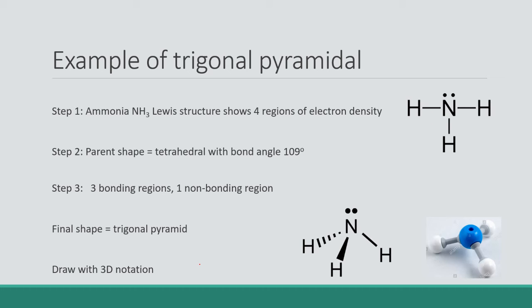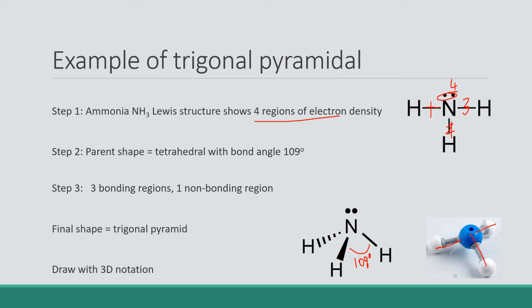Trigonal pyramid. So this is when there are 4 regions, 3 bonding, and this one is 1 lone pair. So this is ammonia. It's actually got 4 areas, but only 3 of them are bonding. So it looks like a little pyramid, but the bond angle is 109 because it's got a base shape of tetrahedral.